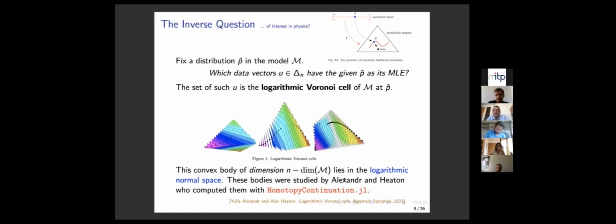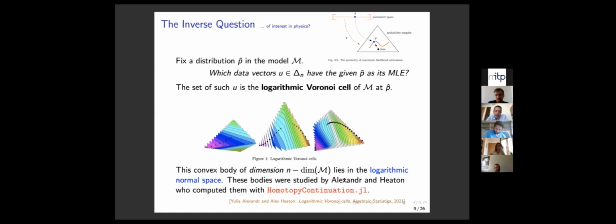So far, in the last 19 minutes, we said, let's start with data. We have a data vector u. Let's find the p hat that's in the model that best explains the data. Now let's turn this around, right? I'm fixing the maximum likelihood estimate, and I ask which data vectors could have led to it.